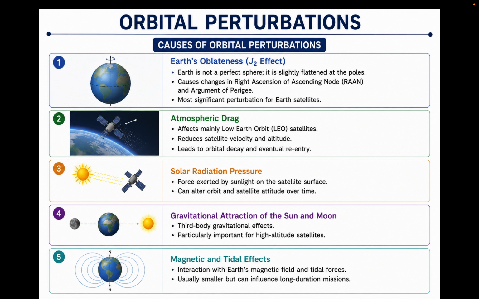Some of the orbital perturbations we have is Earth's obliqueness. It is the shape of the Earth, because the Earth's surface is not completely a sphere and not completely an ellipse. We can call the shape of the Earth a triaxial ellipsoid, where it is flattened at the poles and bulged at the equator, and there is no uniform gravity towards the entire surface of the Earth.